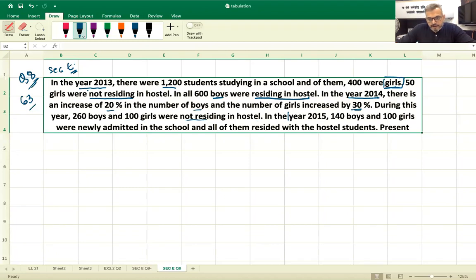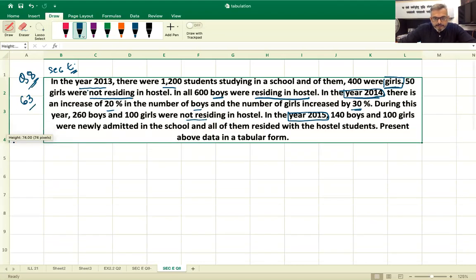In the year 2015, so in the third year, we have 3 years over here, 13, 14, 15. 140 boys and 100 girls were newly admitted in the school, and all of them resided with the hostel students. तो सबने hostel में admission भी ले लिया.